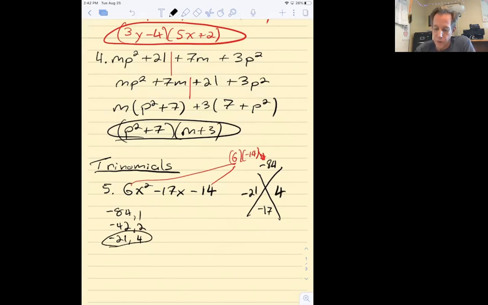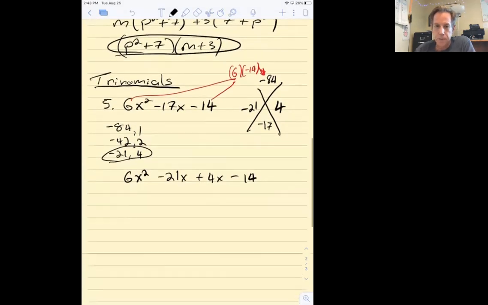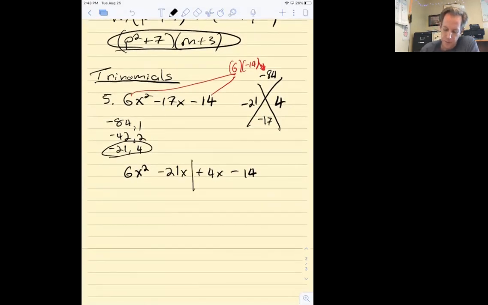What we're going to do with those negative 21 and 4 is rewrite the problem, but replace negative 17 with those two numbers. So we say 6x squared minus 21x plus 4x minus 14. Once you get to this point, it's just like a grouping problem. So we go ahead and split it.